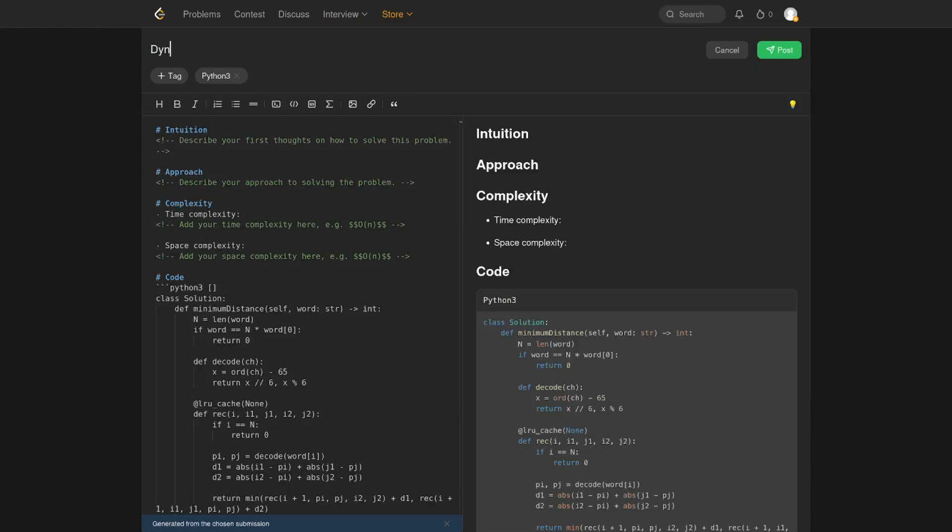So it's like programming, O of n times k squared.